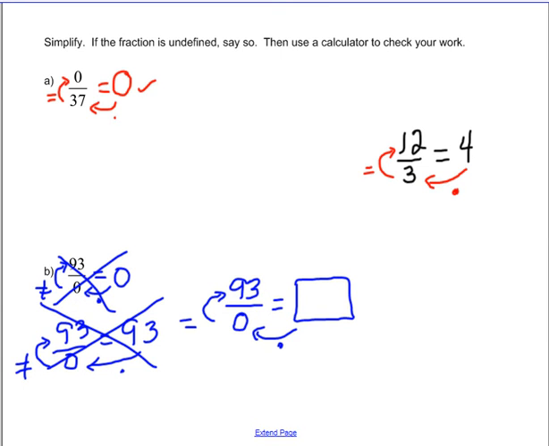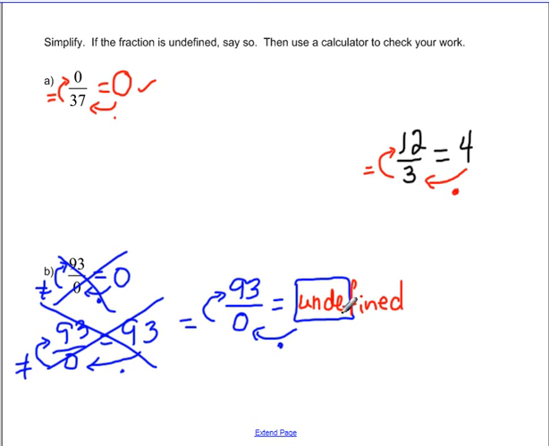So in this situation, when we are dividing by 0, we say that our answer is undefined, and that's the specific word we use for this situation. It's undefined. There is no meaning to this 93 divided by 0. So that's the word we're going to use.